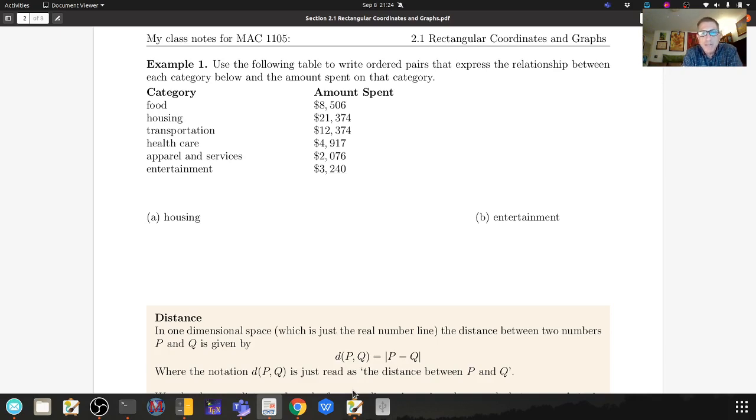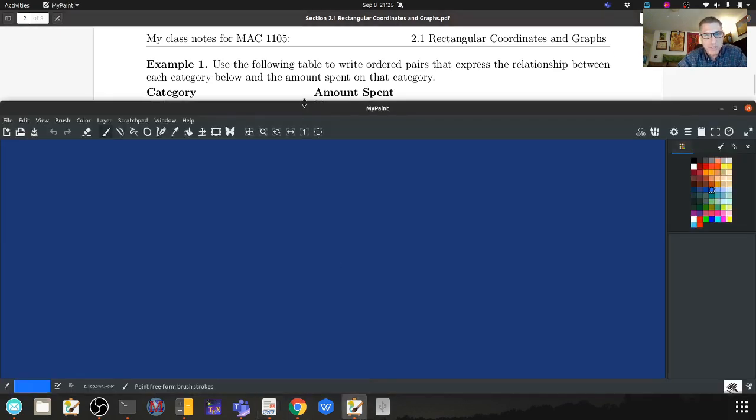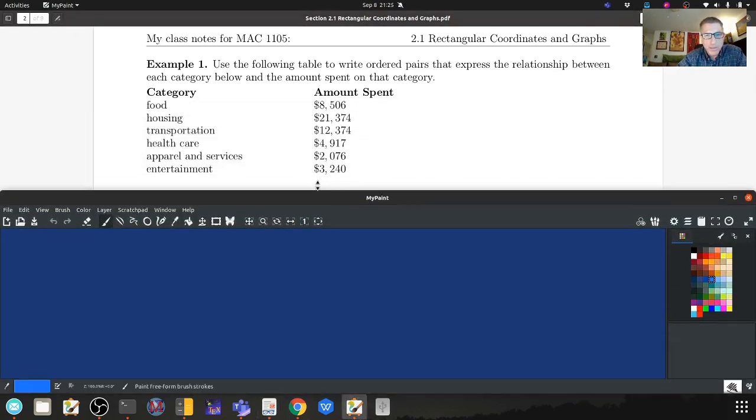And we can literally use this table to write ordered pairs that express the relationship. So those ordered pairs will look this way.